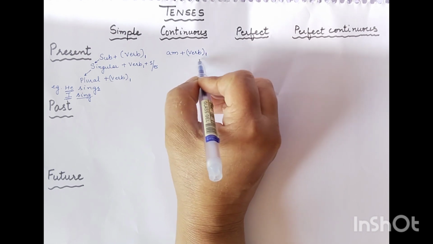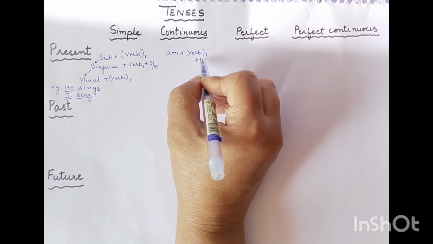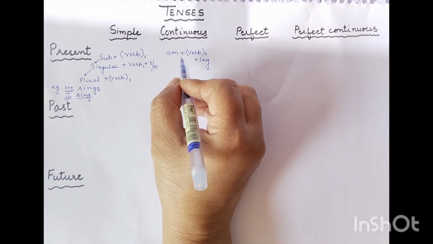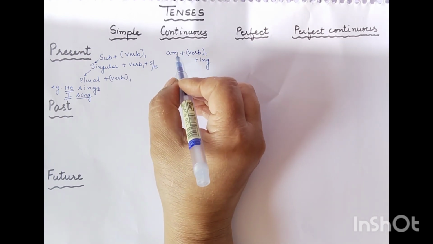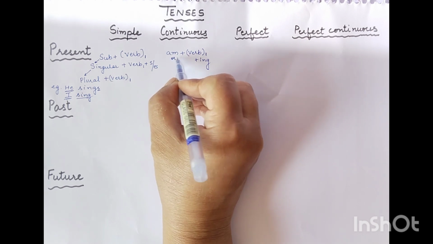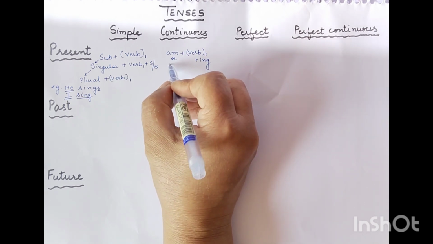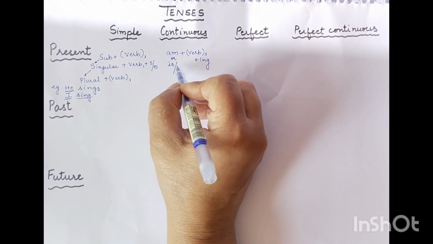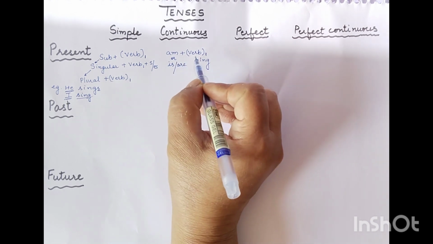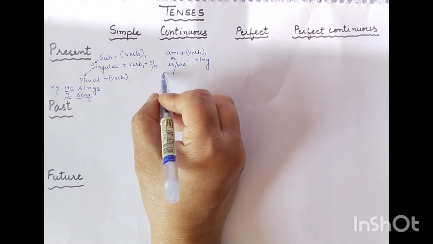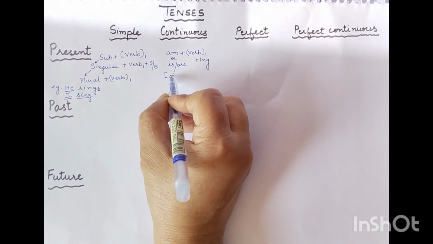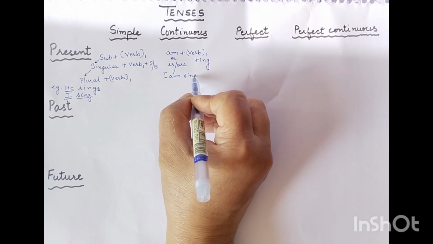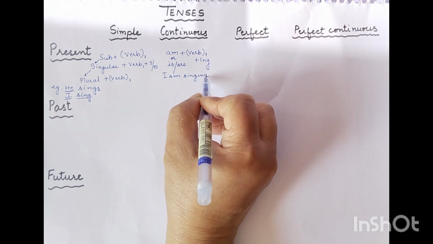Next, present continuous: am plus first form of verb plus ing. Is or are is used in continuous tense. For example, am goes with I: I am singing.